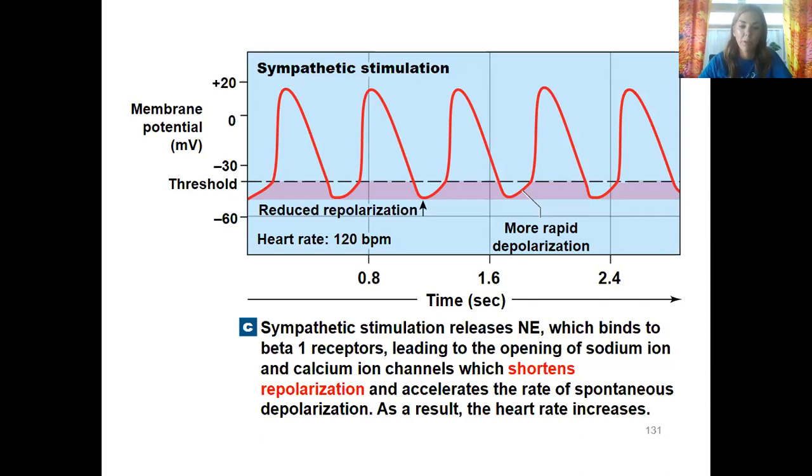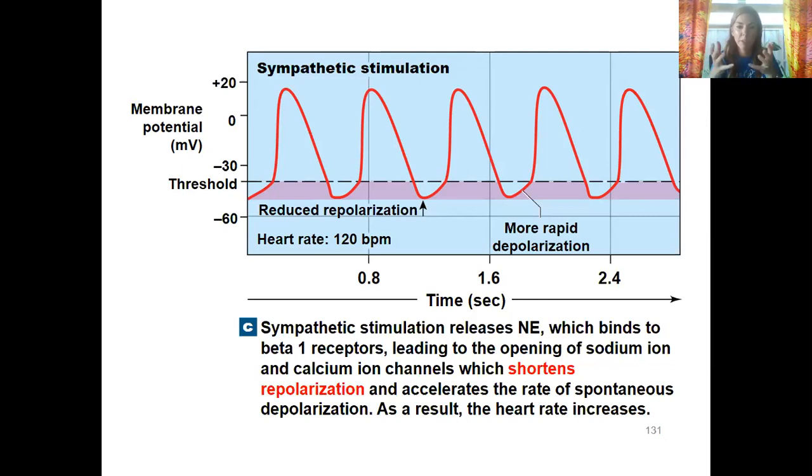That norepinephrine will bind to the beta-1 receptors, and that is then going to open up sodium and calcium ion channels, and it's going to shorten repolarization. As it shortens repolarization, it makes it easier for us to hit threshold again with another action potential and accelerates the rate of spontaneous depolarization. Because of this, the heart rate is going to increase.